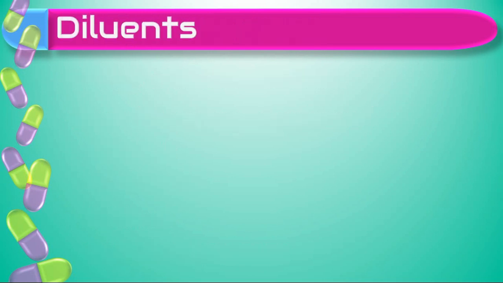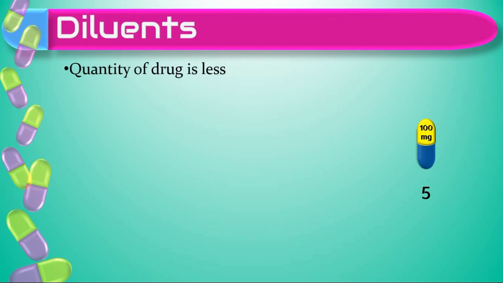Now we have to discuss these excipients one by one. First we have to discuss diluent. The smallest size capsule, that is number 5, has a capacity of 100 milligrams. If the quantity of drug to be filled in the capsule is less than 100 milligrams, then to increase the bulk of powder, diluents are added in the formulation.